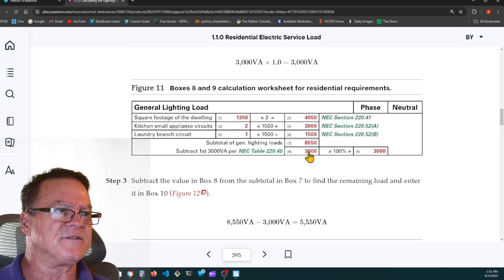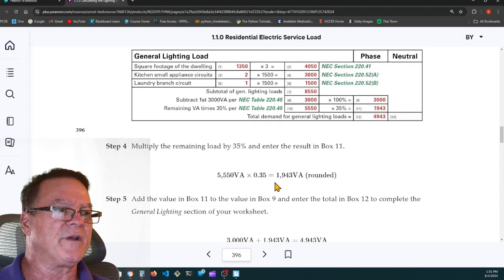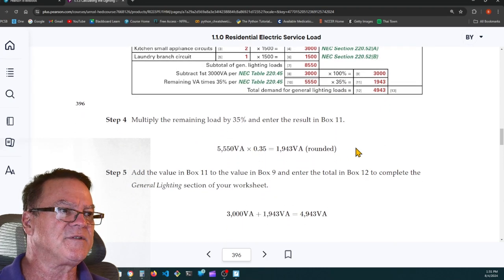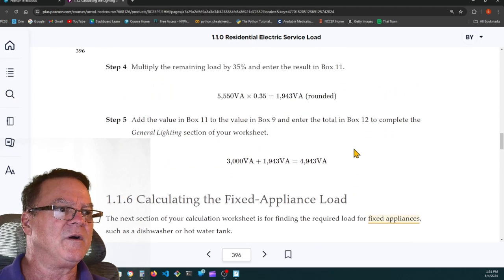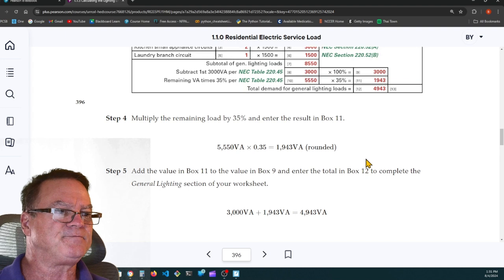So there's 3,000 volt amps at 100%, and then 5,550 volt amps times 35% is 1,943 volt amps. Those two are added together to get a net total of 4,943 volt amps.